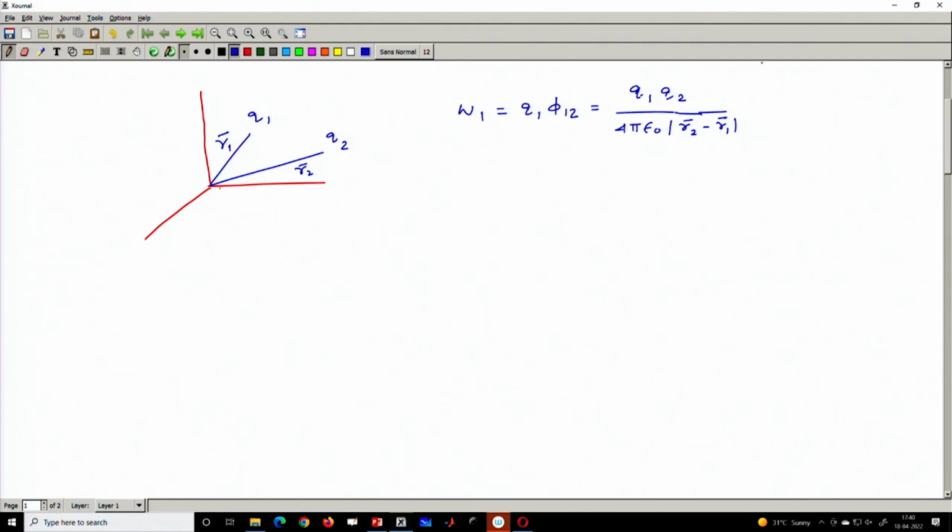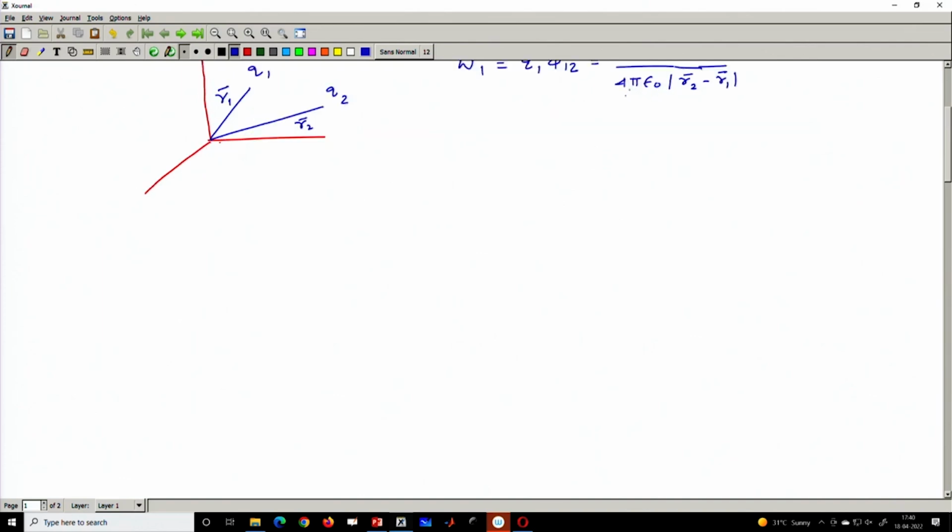The half term is not there because if you write Q2 phi 21, it should be Q2 Q1 and R1 R2, the same quantity I am considering twice. So that is why the half term is not there.